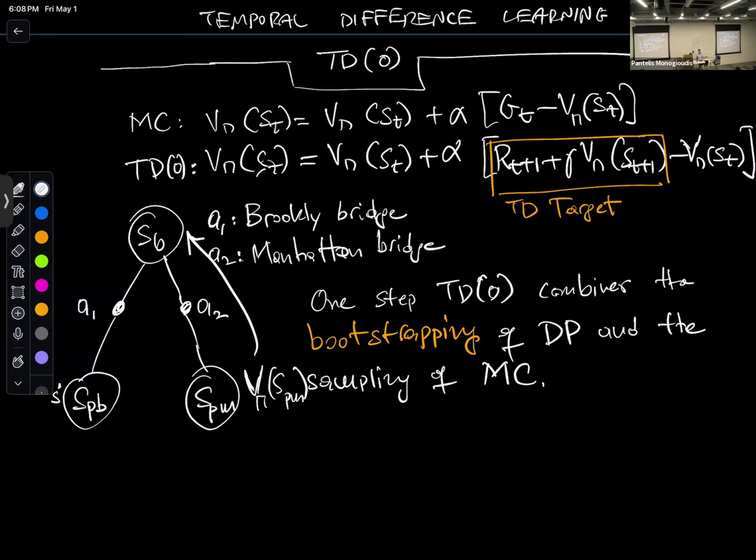So we can generalize this and in fact reach a point where this temporal difference will not be different from Monte Carlo. When instead of using just the next state s plus 1, we wait and do the update over S double prime states that are coming after going, let's say, through the Manhattan Bridge, and S triple prime, and so on and so on.